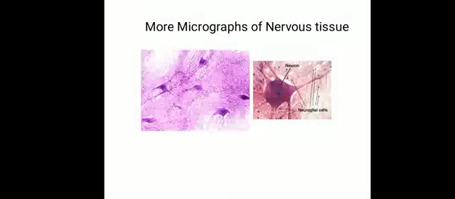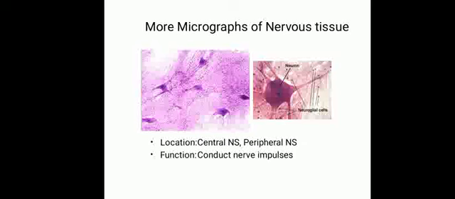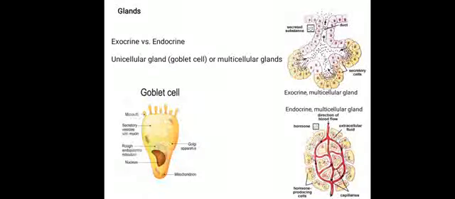They are the ones supporting in the form of squamous cells, satellite cells, astrocytes. So that is the micrograph of nervous tissue. Locations: central nervous system, peripheral nervous system. Function: to conduct nerve impulses.